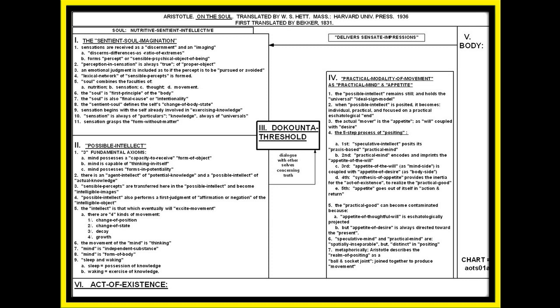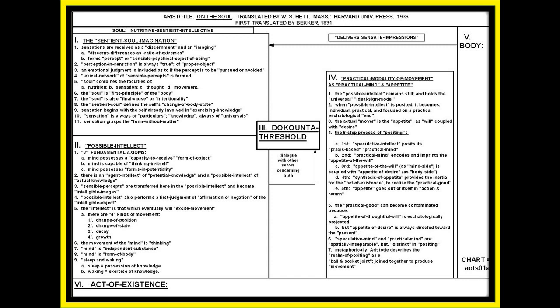So we do have some preliminary rational work being done in the sentient soul, because we are cognitive beings, according to Aristotle. Even in the realm of the sentient soul, receiving percepts, we're still cognizing beings all the time, always involved in exercising knowledge. We grasp these sensations as psychical percepts, form a lexical network of psychical percepts, and then transfer them into the realm of the possible intellect.